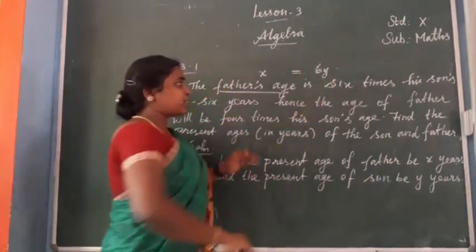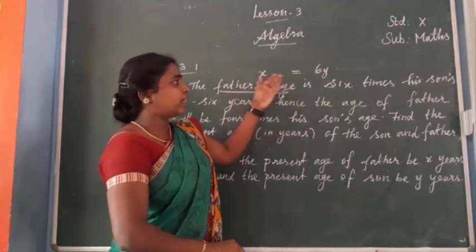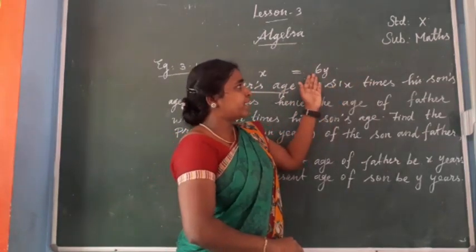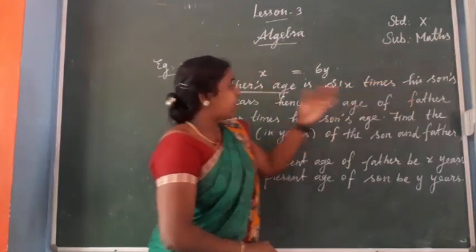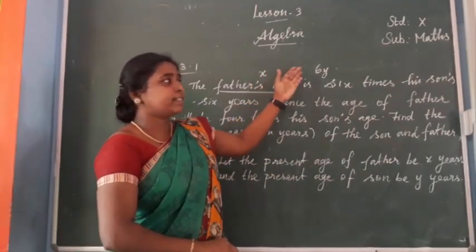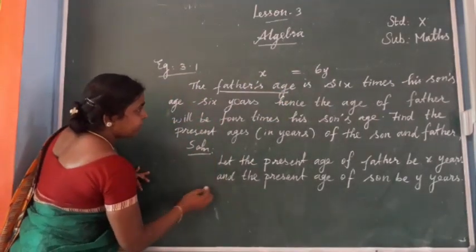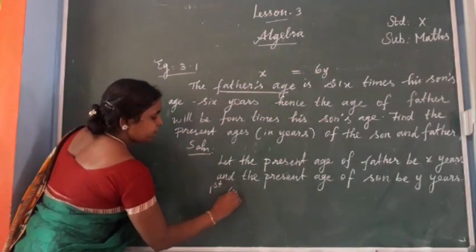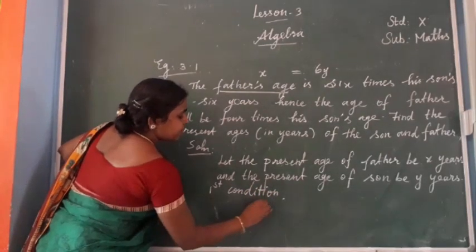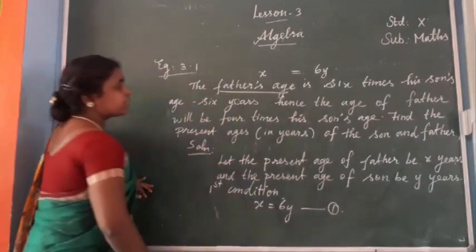This is the first condition, so x equal to 6y. This is equation 1. Okay, next condition.